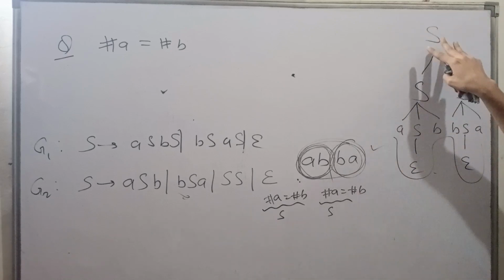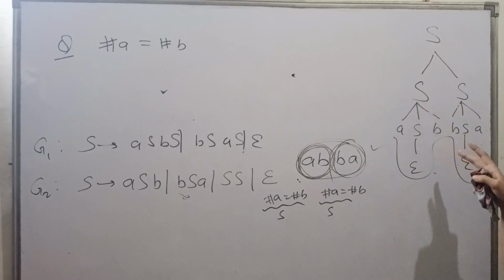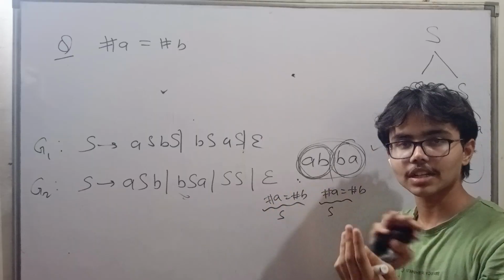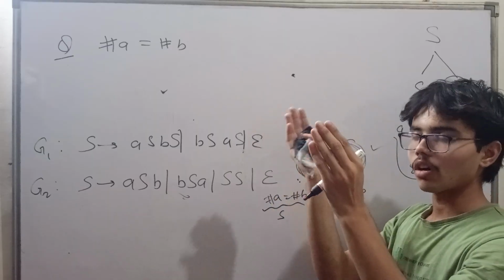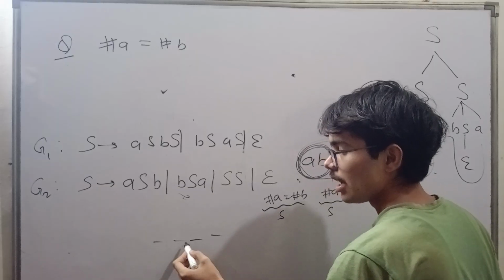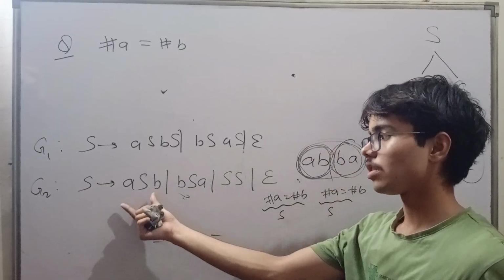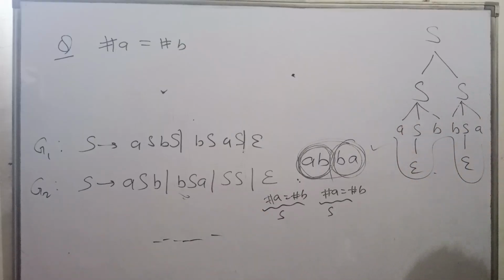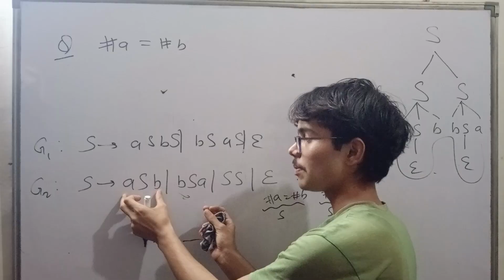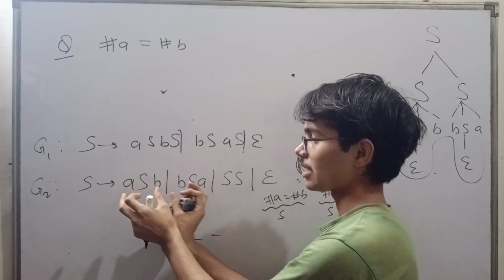From S you generate just these two, and you can generate any number of them, because what combinations can be created? Either AB, or A here, B here, A here, B here, and S can be present anywhere. So that's why I write S between these, but any number of places can be there. Firstly this can become, or this can become, or firstly this can become.